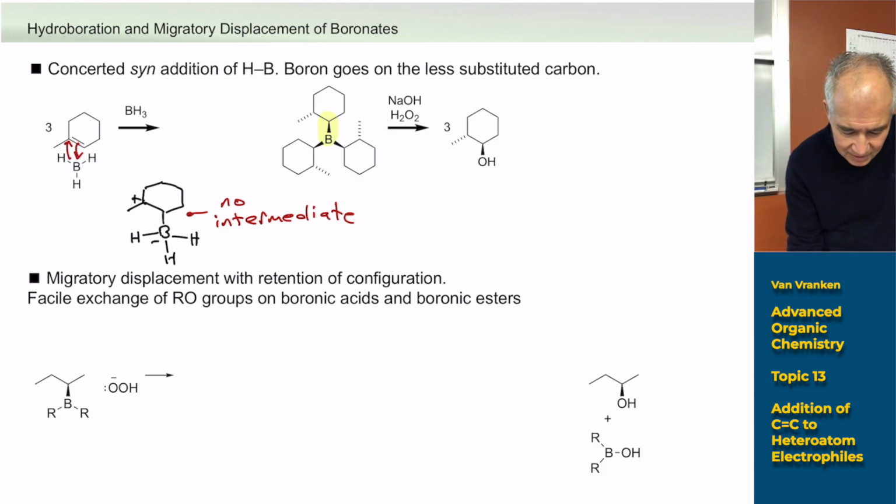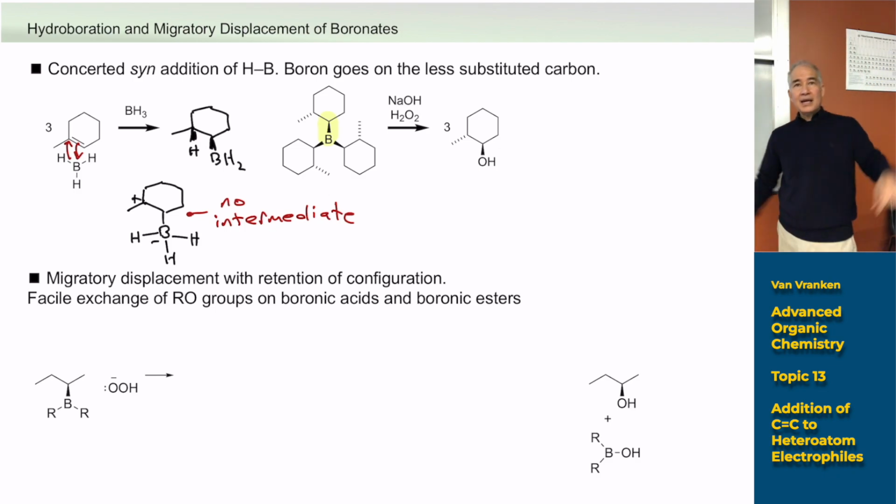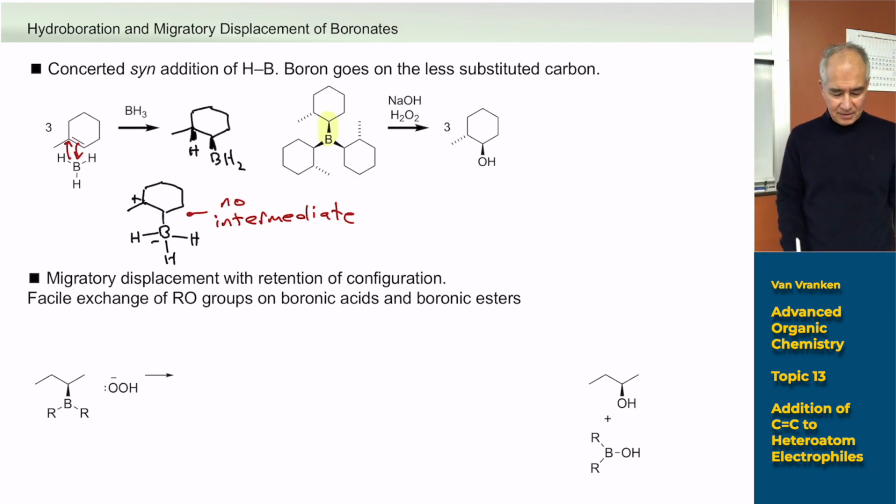Let's go ahead and draw out the next thing that you get in hydroboration. The next thing that you would get would have the boron either on the top or the bottom face. You'd get equal amounts. And the H would be on the same face as the boron. So it's a syn addition. H and the boron add from the same face because the hydrido group has to add while the boron is adding. So you get syn addition.